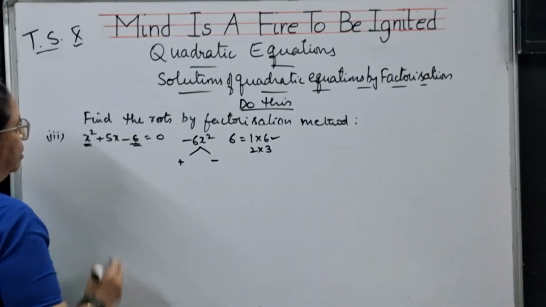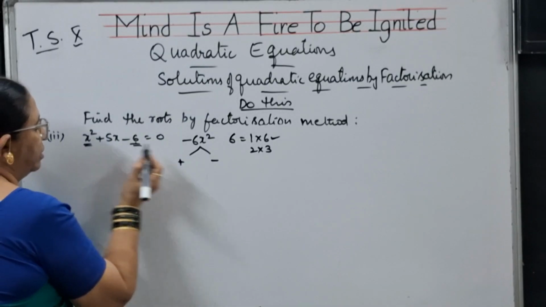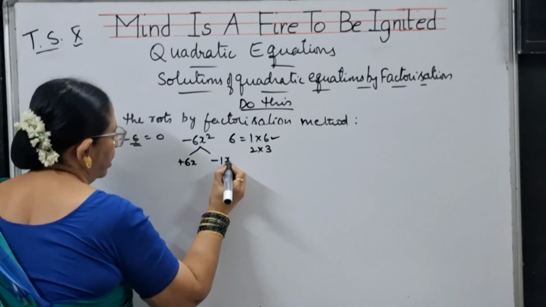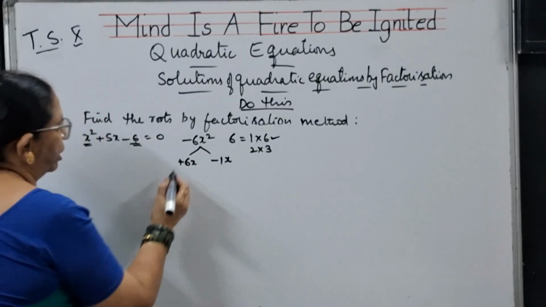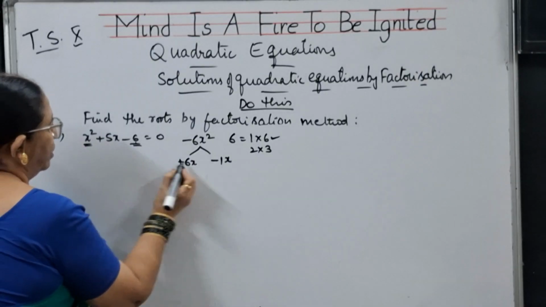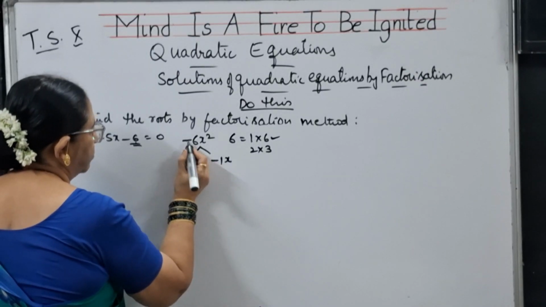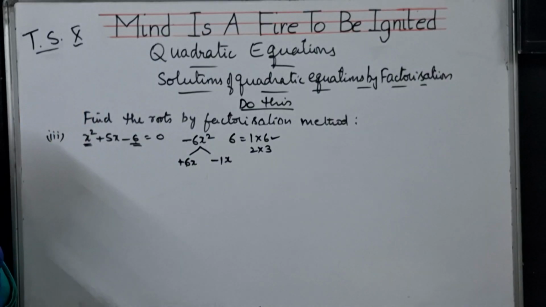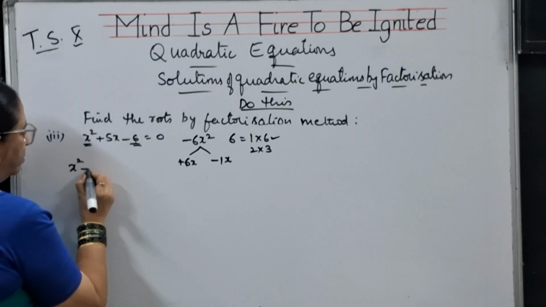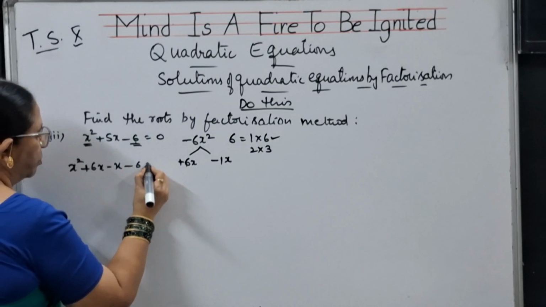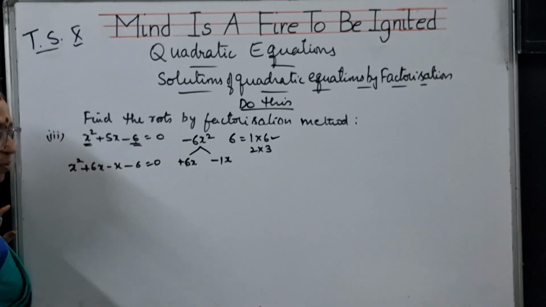We want plus 5, means you have to take 6 in the plus sign and 1 in the minus sign. So -1 + 6 is plus 5, and plus into minus, minus 6x². Our splitting is right. Now x² + 6x - x - 6 = 0.